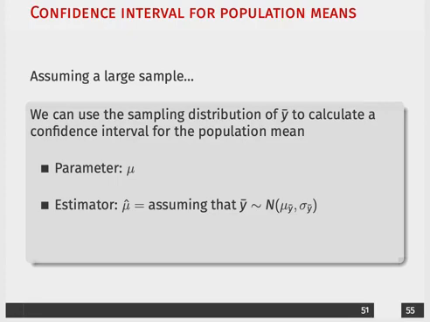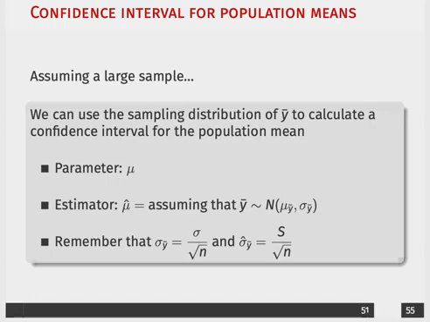Remember, the parameter is represented by mu, the estimator is represented as mu hat, assuming y bar is normally distributed, centered around mu, with standard deviation equal to sigma. You'll remember that sigma is going to be equal to sigma hat in this case, because we need to use the sample standard deviation as our best guess or stand-in for the population parameter.